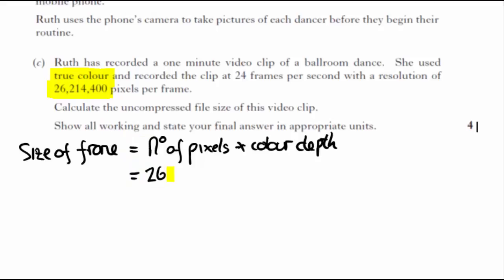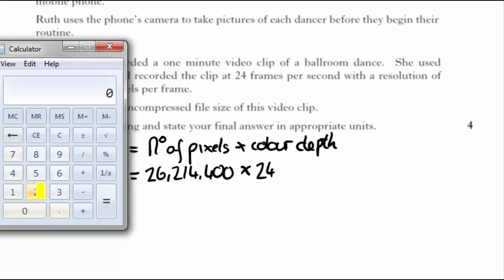So that's 26214400, and then we're going to times that by 24. Obviously you then dig out the calculator: 26214400 times 24.